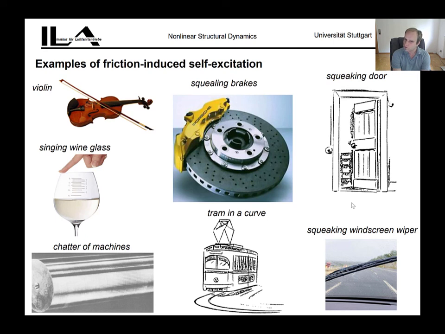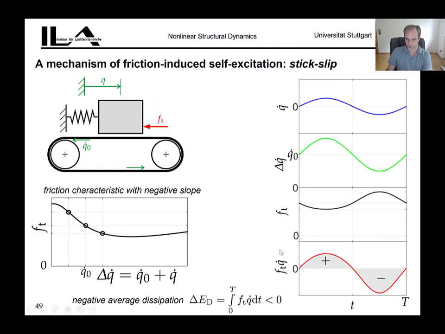So many self-excited oscillations are actually friction induced. There is some dry friction, and this explains brake squeal, squeaking doors, the operation of a violin, singing glass, trams in a curve making some noise, chatter of machines, squeaking windshield wipers, just to name some examples.